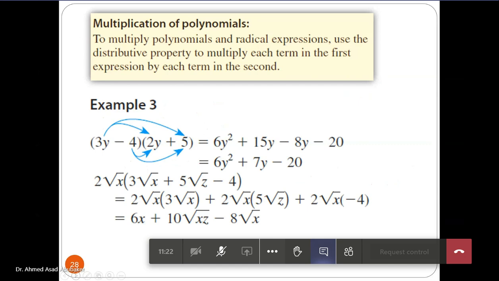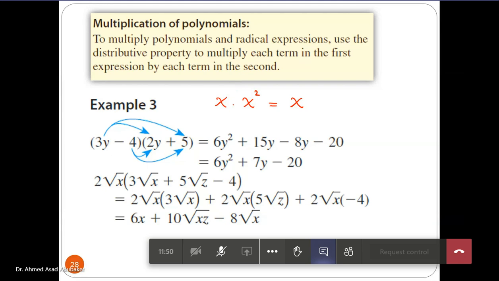In multiplication, we can multiply x with x squared, x with x, x with x to the power 3. We can, because as in the last lecture, we can multiply x with x squared by adding the exponents together.